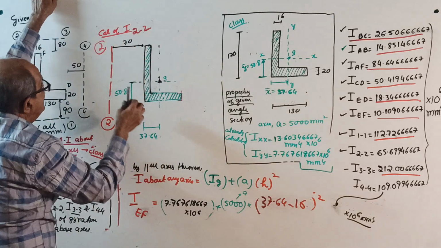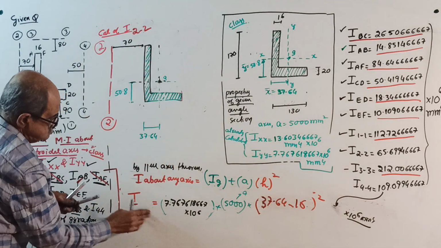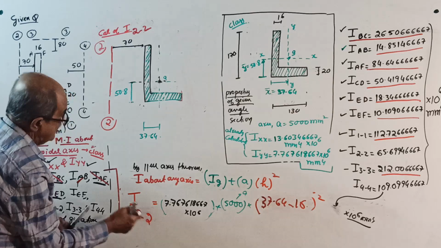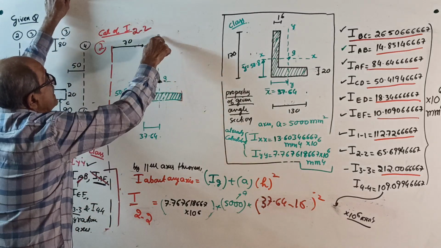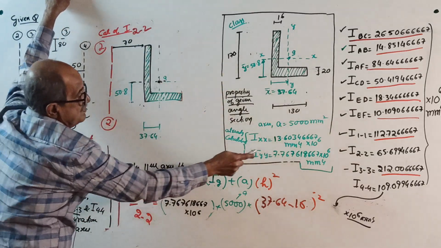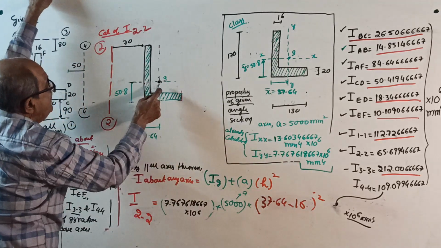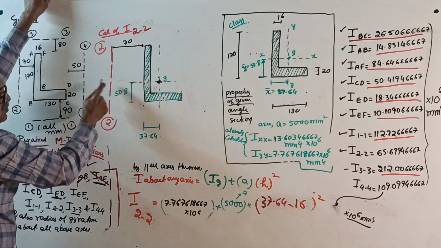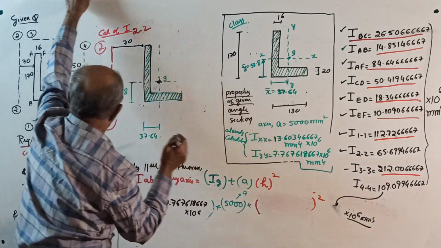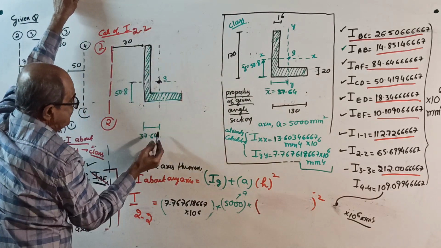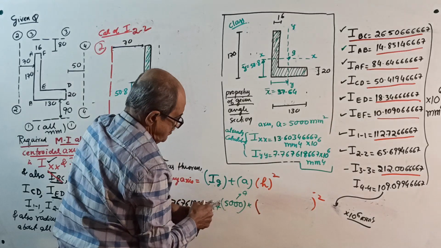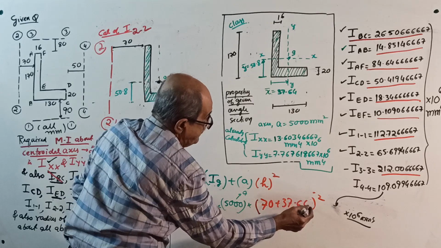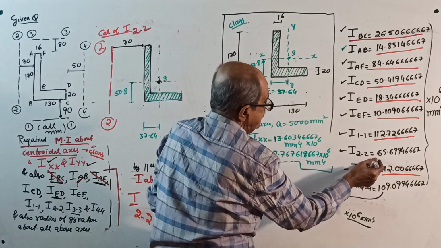If you want I about 2, first I about centroidal axis, this answer, plus area into the distance from centroid squared, that is 70 plus 37.64 square. This answer will come.